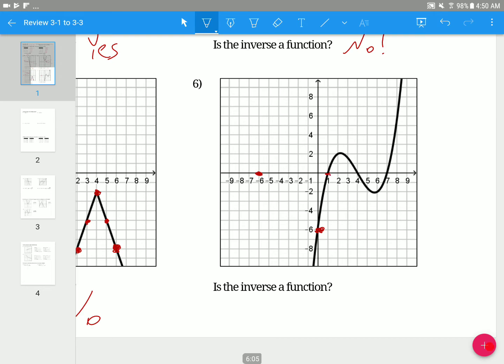There's 1, 0, so 0, 1, and then it goes up to a little over 2, 2. Then there's 4 zeros, so 0, 4. Sorry, I didn't mark that one. And that point right there is about 5.5, -2, so -2, 5.5, roughly.